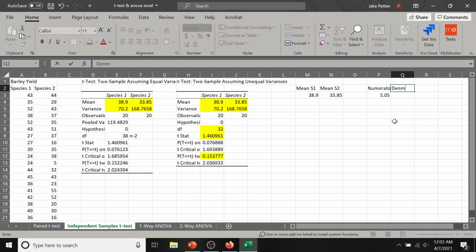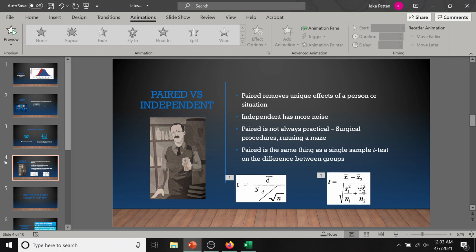So next we're going to set up this denominator. Yes, there we go. This denominator category here. And if we go back and take a look at this, what we've got is the square root of the variance for the first group squared over n, which is going to be 20, plus the variance for the second group squared over 20, again, and then the square root of all that.